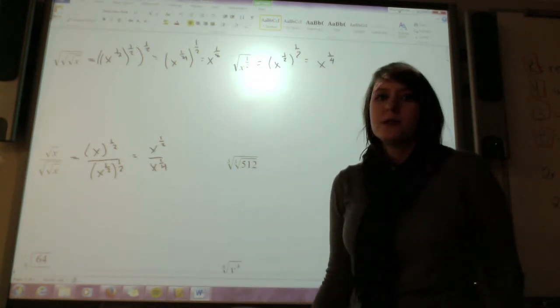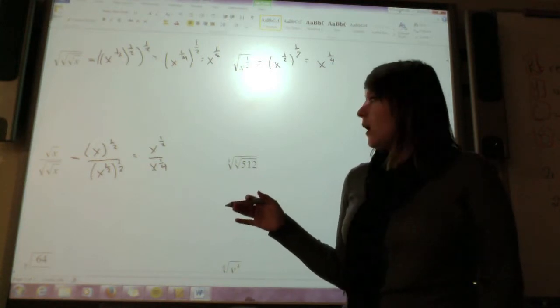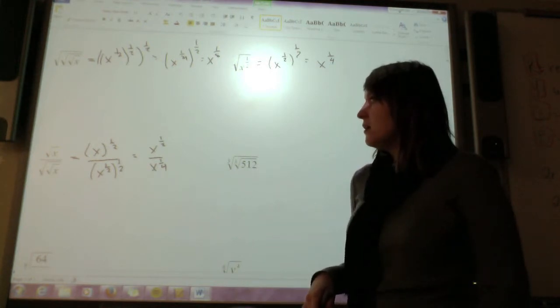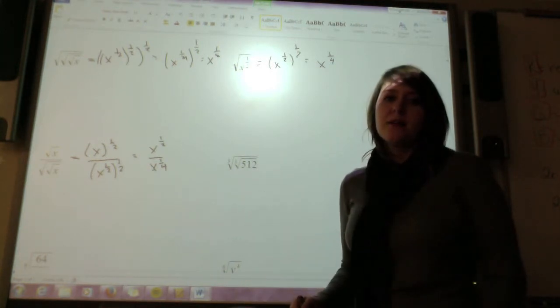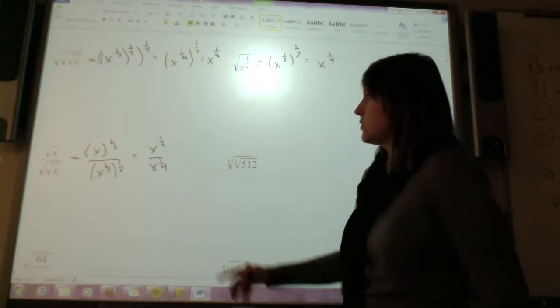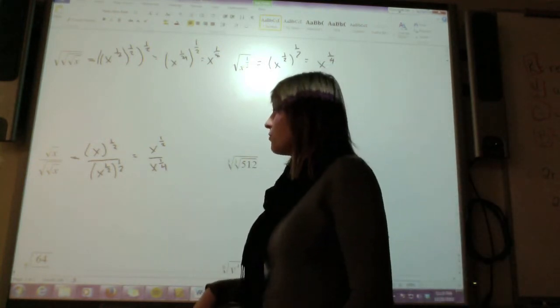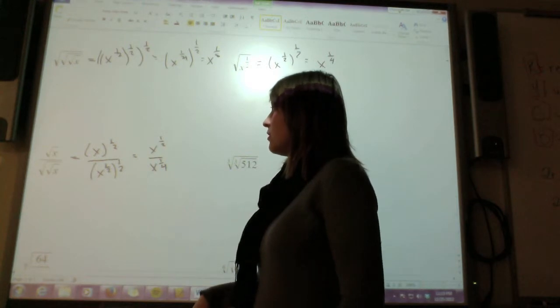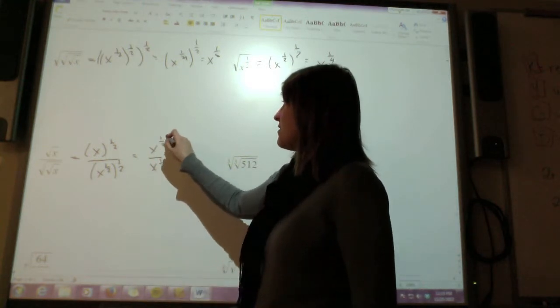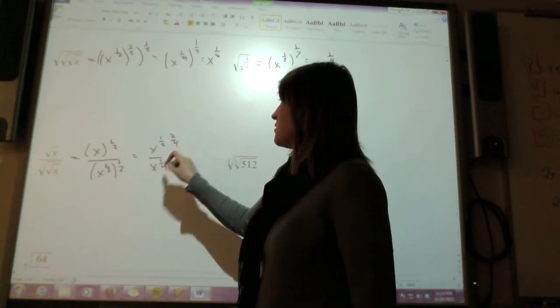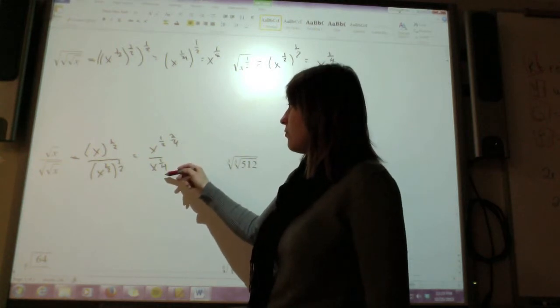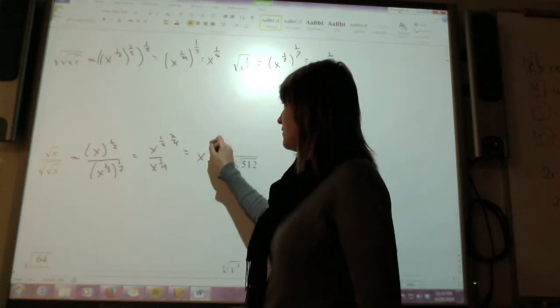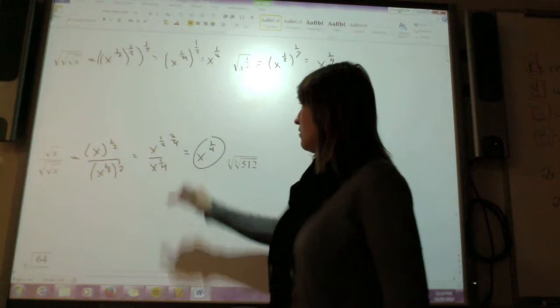And remember that using my exponent rules, if I have a power over another power, I can subtract those exponents. So this would be 1/2 minus 1/4. Remember that 1/2 is the same thing as 2/4. So if I take 2/4 minus 1/4, I'll get 1/4, and this will just be x to the 1/4.